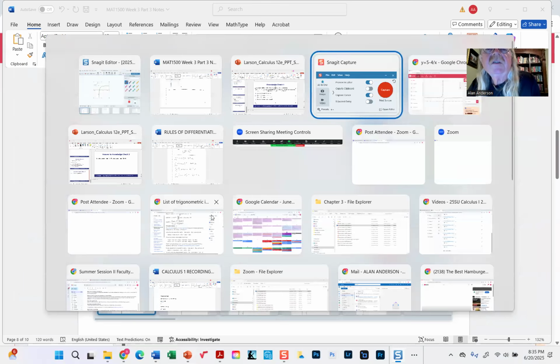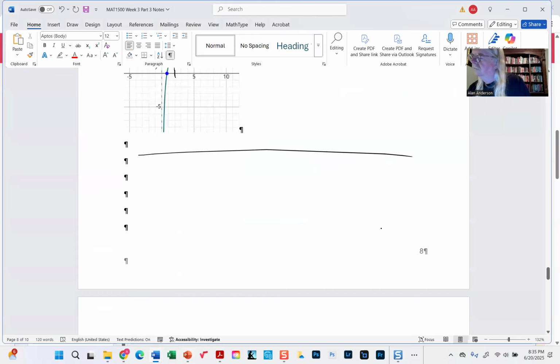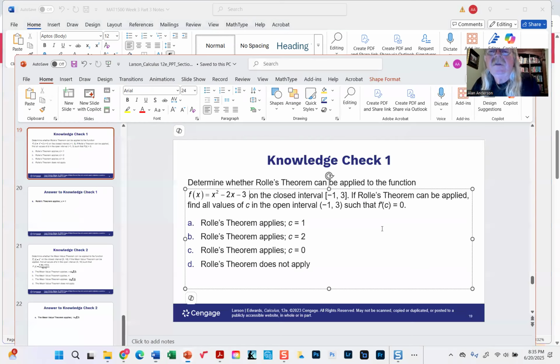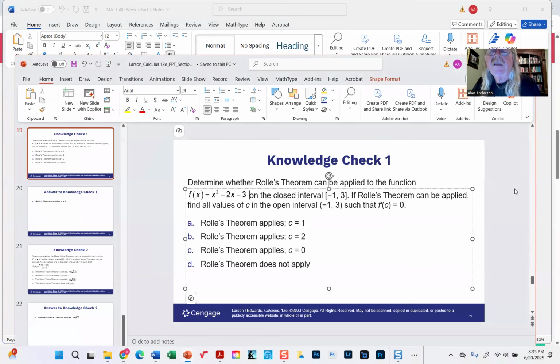The function is x squared minus 2x minus 3, and the interval is negative 1, 3. And they're saying that if we do find that this works, we want to find all the c's in the interval such that f prime of c equals 0.